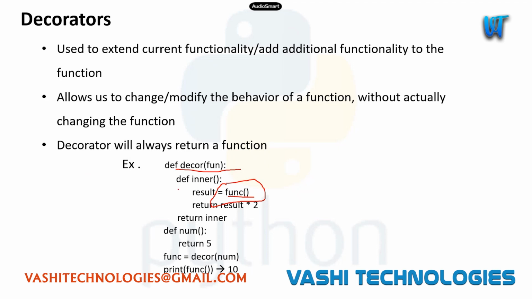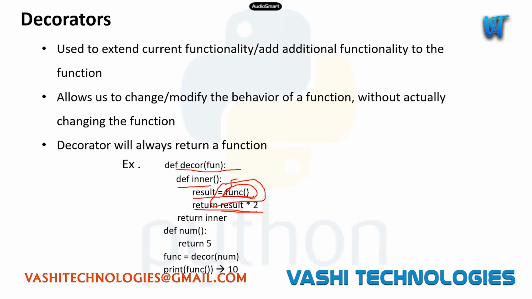So this inner function, what it is doing, you see here, result is equal to func. It is making a function call to this func, right? And on top of the result which we have, it is performing some additional operation. It is making some additional changes. This inner function is returning result into 2.